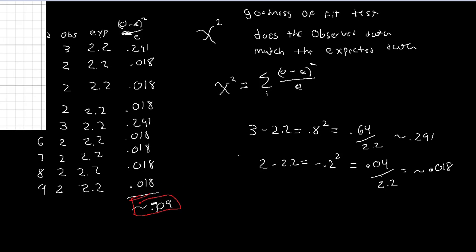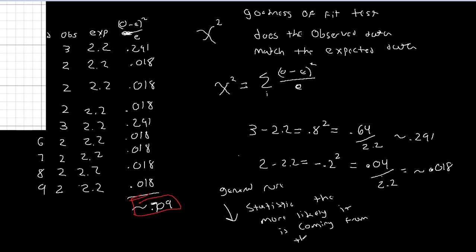Right, how do we interpret this? Well, as a general rule, the lower the statistic, the more likely it is coming from the distribution you want.